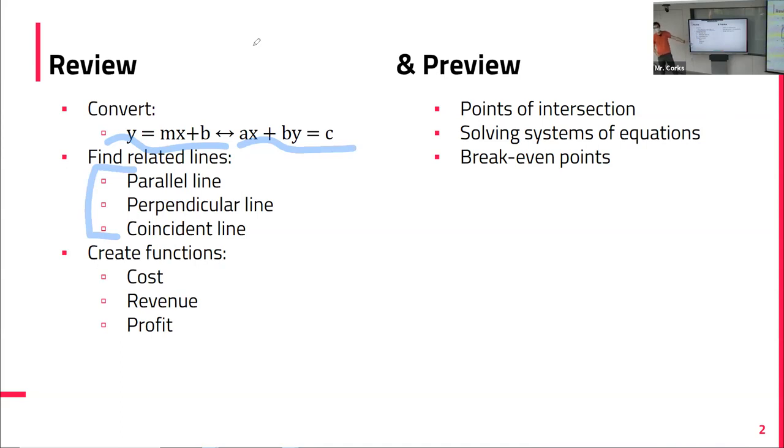How do we find one that's perpendicular or coincident? Then we looked at the equations for cost, revenue, and profit, and a simple graph question with the iPhones to see what this looks like on an actual graph for a typical business situation. So today: intersection points, systems of equations, and we'll talk a bit more about break-even points at the end.